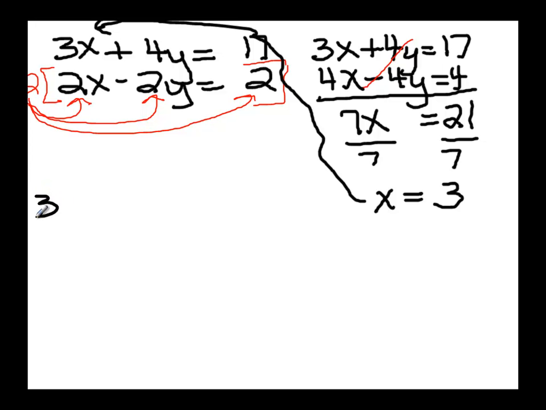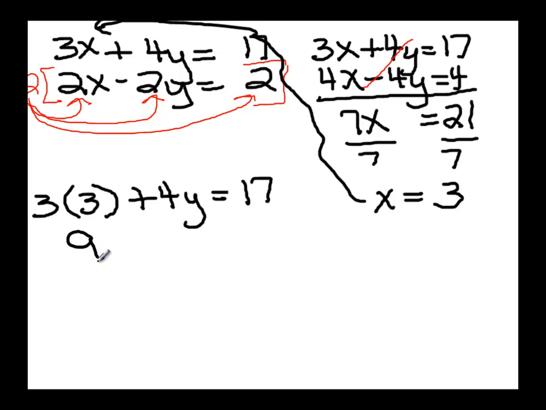So that's going to be 3 times, and we're going to plug the 3 back in for the x into that top equation, plus 4y equals 17. Then 3 times 3 is 9, plus 4y equals 17.